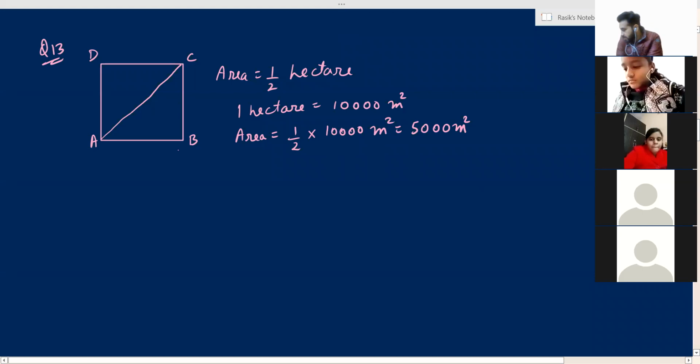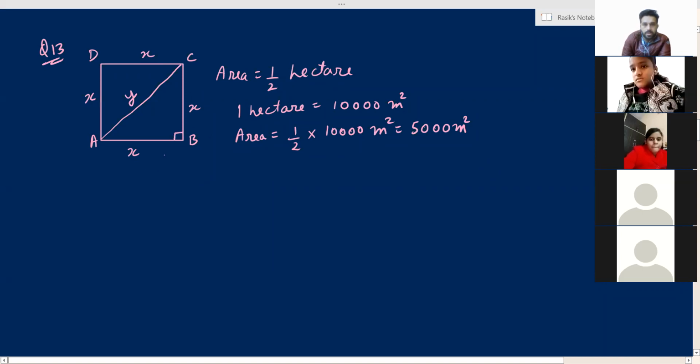Now with this, we have to find the diagonal of the square field. So let the side of the square field be x. We know in a square all sides are equal, so all the sides are x. We have assumed that the side is x, and let the diagonal of the square field be y.